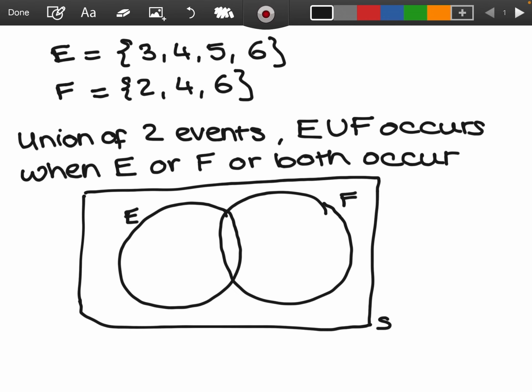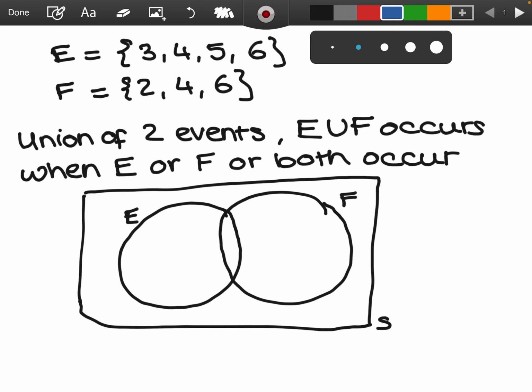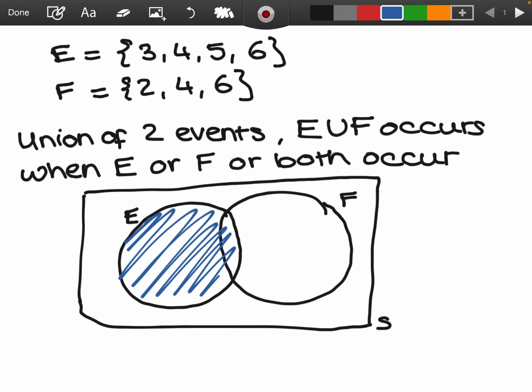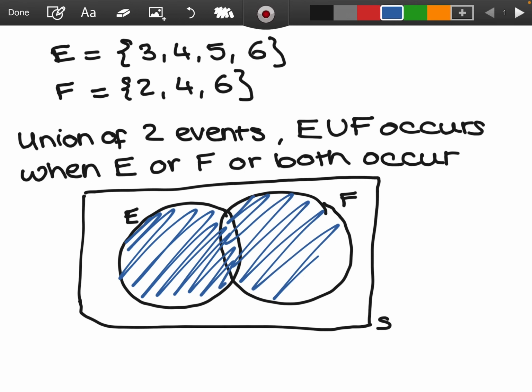Okay. E union F occurs when E or F or both occur. So on a Venn diagram, that would be everything inside the circle E, everything inside the circle F, including that part where E and F overlap, so both could occur.